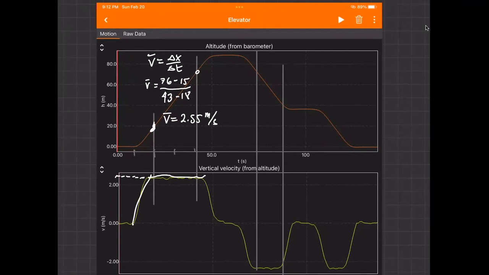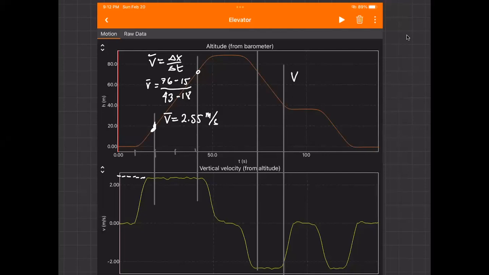Here you can see that if this is 1, this is like 3, it's about 2.5 something. It's about 2.5. So more or less our calculations are correct. It's not accurate, by the way. I did not show you the exact value, but I just want to show you that you can determine the velocity in a position time graph.